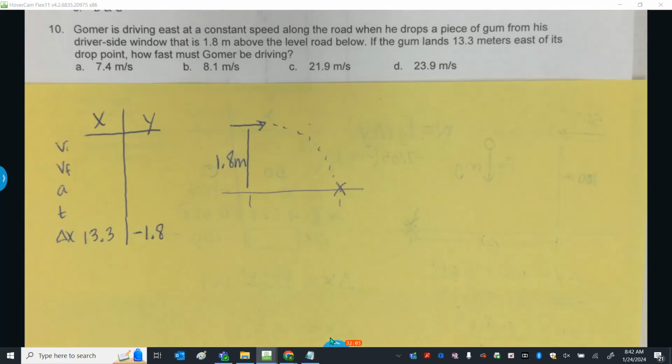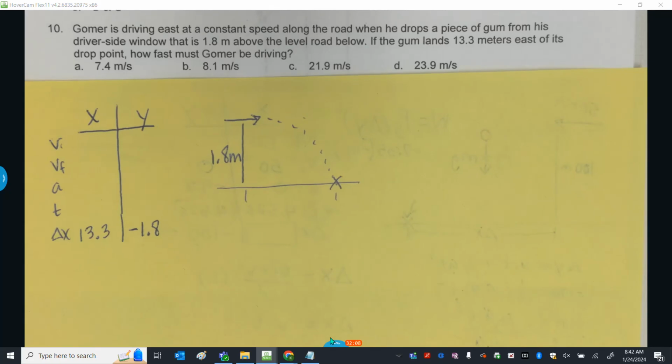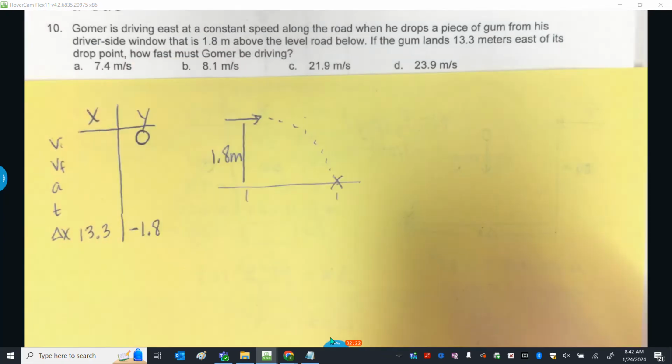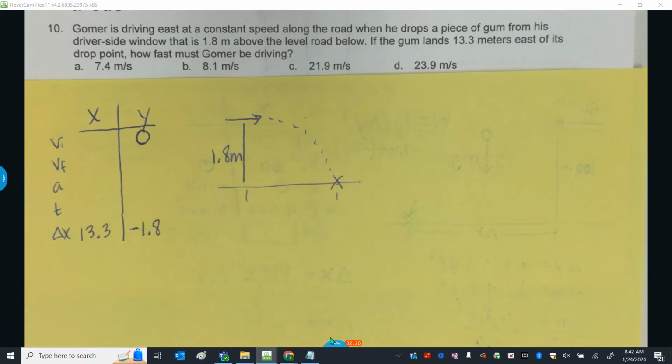Okay, that's the only information that I appear to have, but I do know some other things to be true. I know that if I drop something out of a moving car or a moving plane or whatever, that I didn't give it any initial vertical velocity. I know its velocity is horizontal, meaning its initial vertical has to be 0. Anytime you have a horizontal launch, your initial vertical velocity will be 0. So I know that.